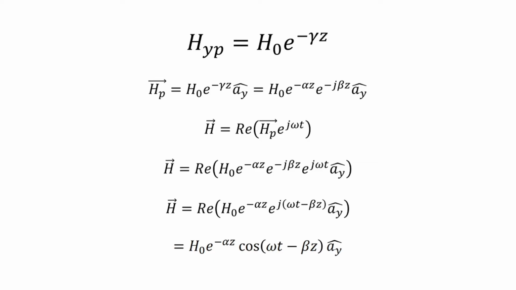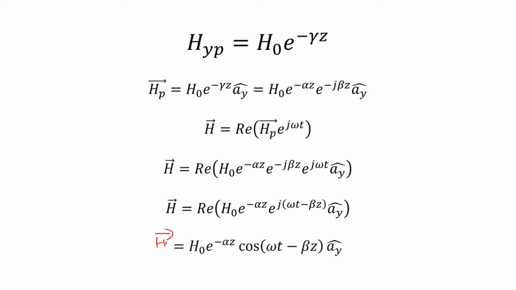From these phasor expressions, I can also get the time domain expression to be H naught exponential of minus alpha z times cos omega t minus beta z. I have got the result directly. If you want to do this analysis, I suggest you do it on your own because it is pretty similar and along the same lines.